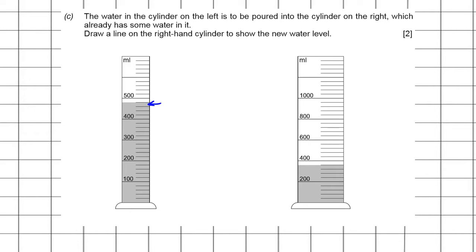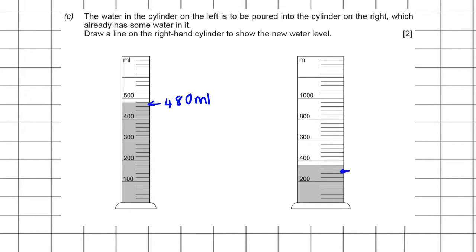So this one has 480 milliliters, and this one's already got 280 milliliters, so add them together. 280, 480, remember you have a calculator. 760. Sorry, if you notice, this scale is different.